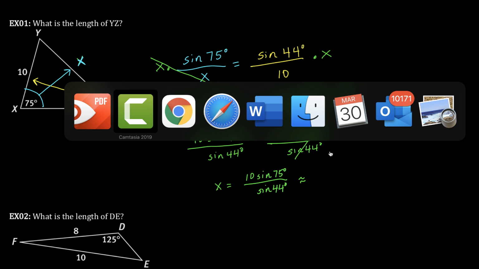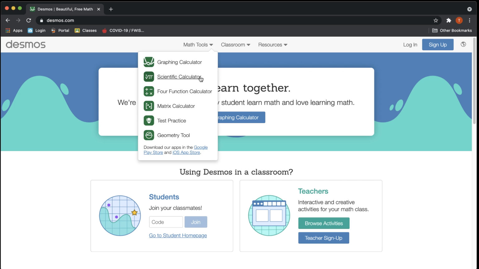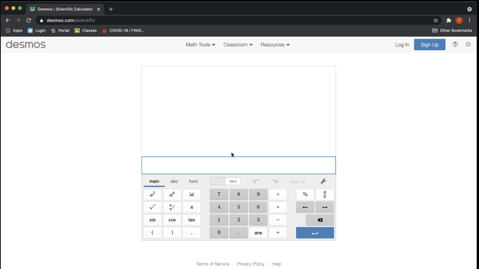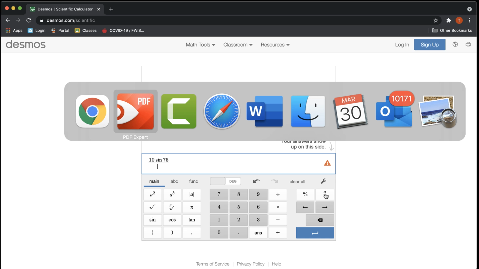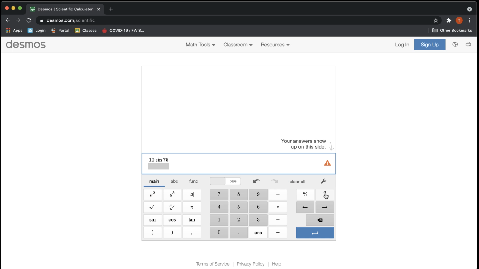So 10 sine 75 degrees over sine of 44 degrees is approximately 13.9.